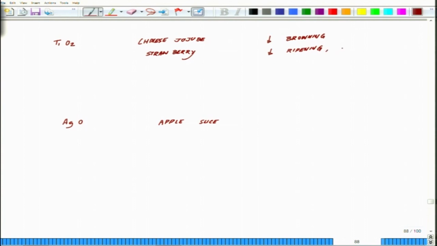fruits, reduces senescence and the decay, whereas in case of silver oxide it retards microbial spoilage.